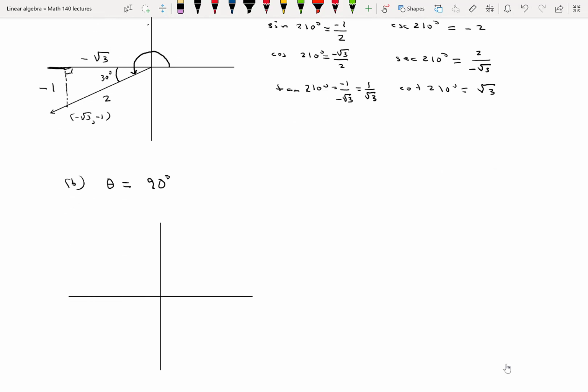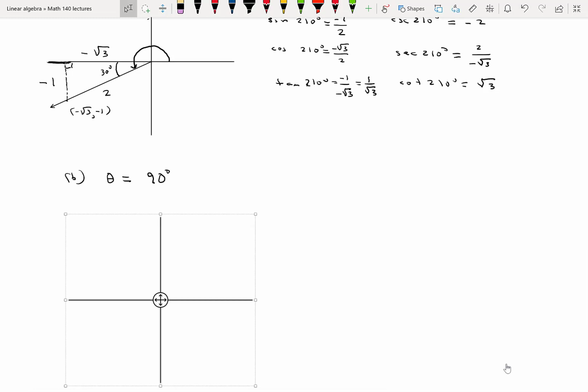Can't have a value of the angle theta in a right triangle equal to 90. There's already a 90 degree angle in the triangle. Well, now the definition has nothing to do with an actual triangle anymore. It has the point A, the point B, and the point R. So there's 90 degrees.